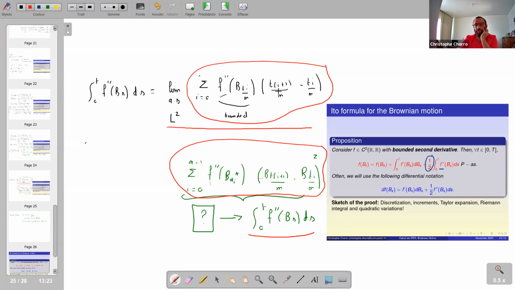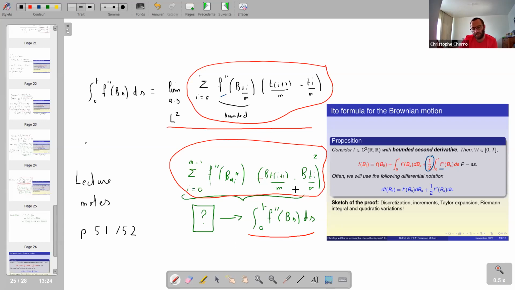I won't do the proof of this one. It's a good exercise, in the lecture notes, pages 51 and 52. But I can give you an intuition about why this one converges toward the same limit as this one.